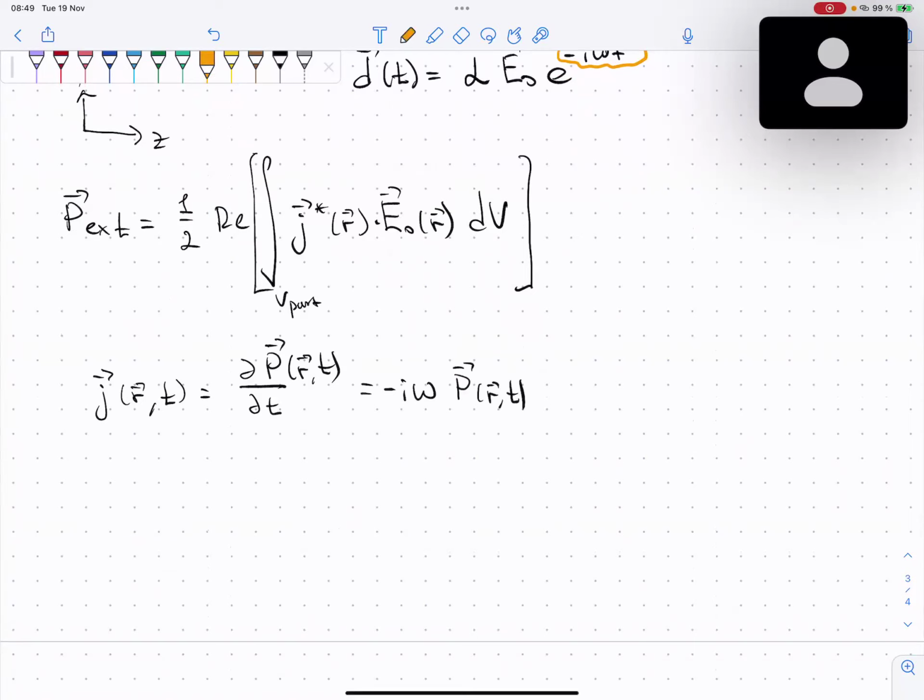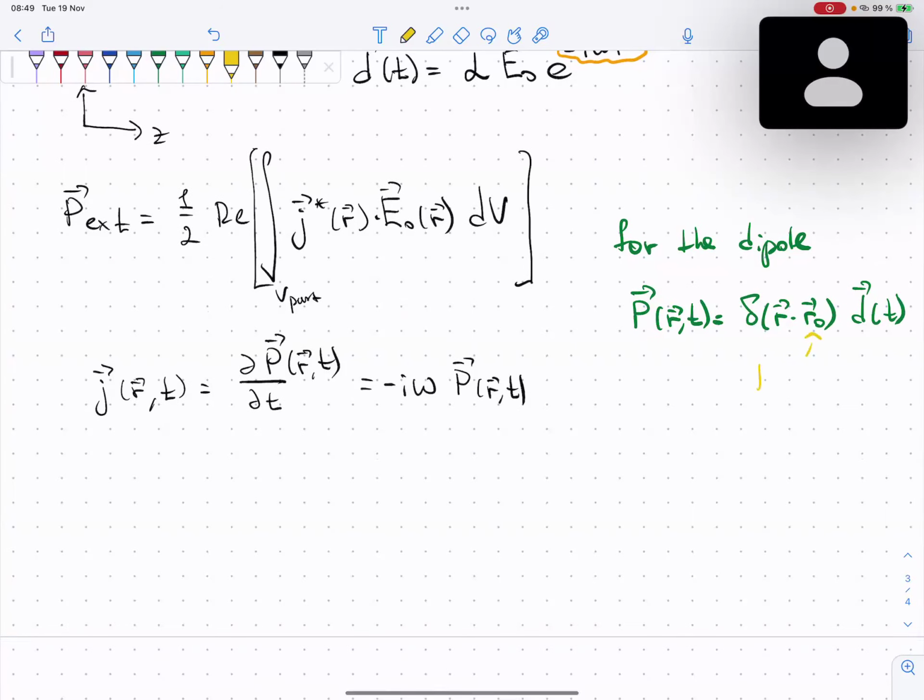And also for the dipole, the polarization is just a delta function of r minus r0 multiplied by the dipole moment. This is the position of the dipole. So we can rewrite this expression in the following way.